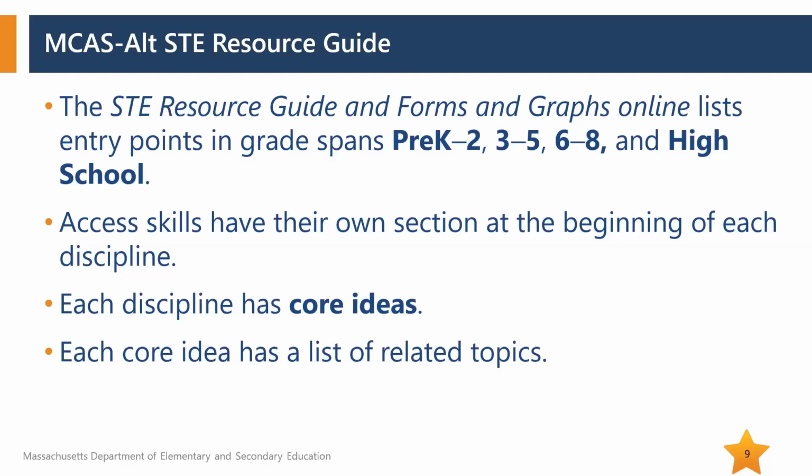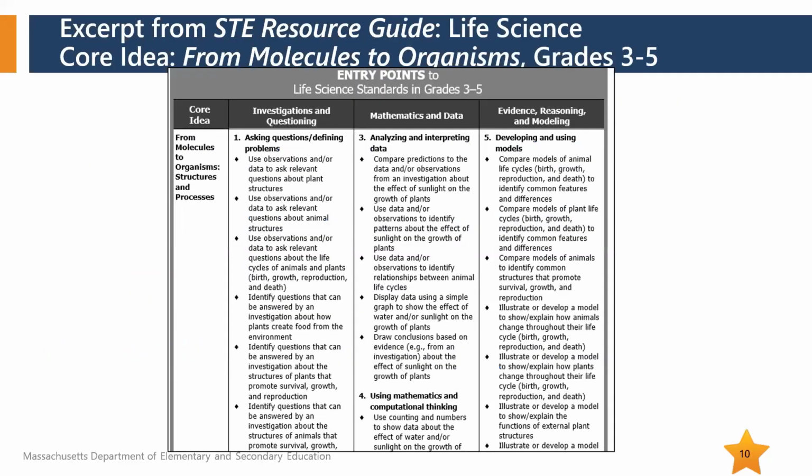Because what we've done for you is we have now created a list of related topics for each of those core ideas. So if you're not sure what you want to teach and you're not sure where that core idea would be, this list is going to help you. So here is an entry point.